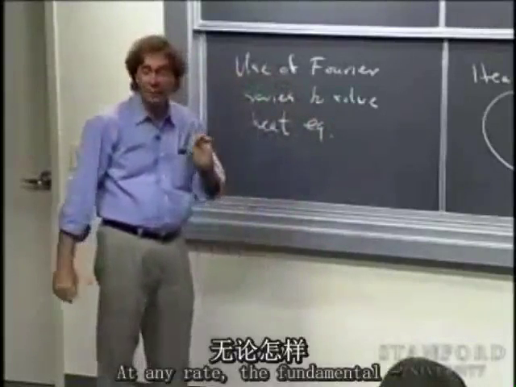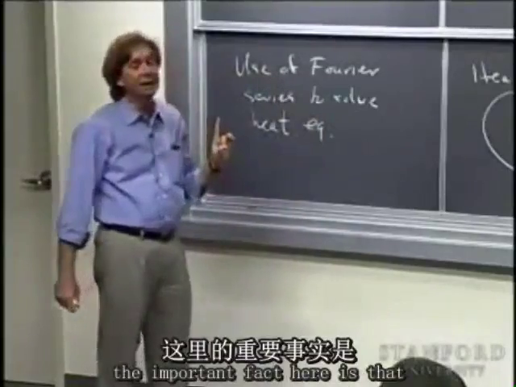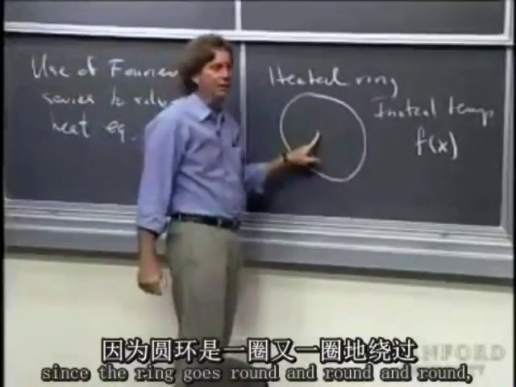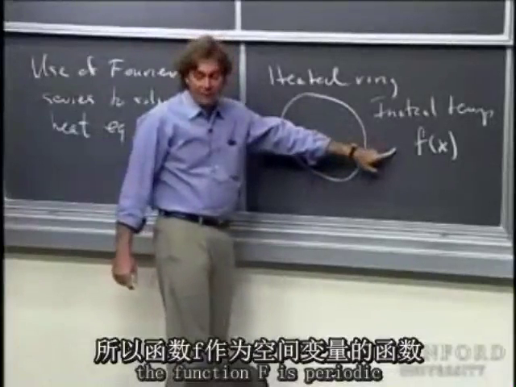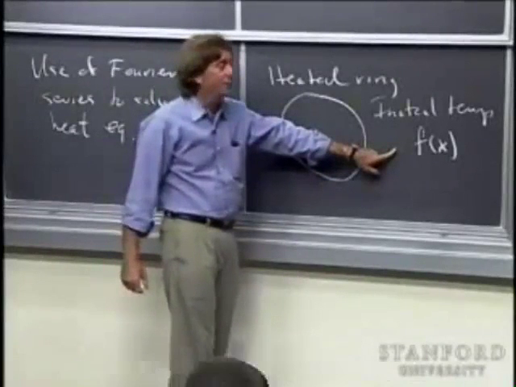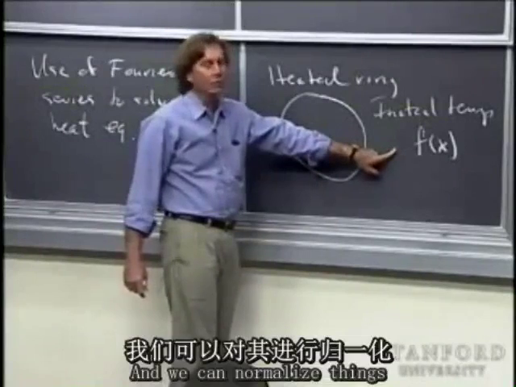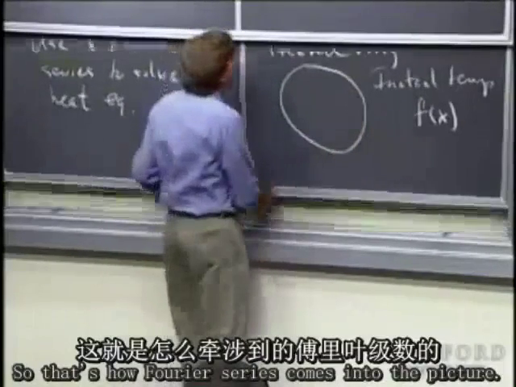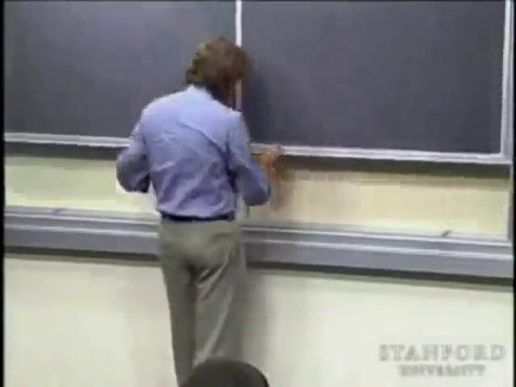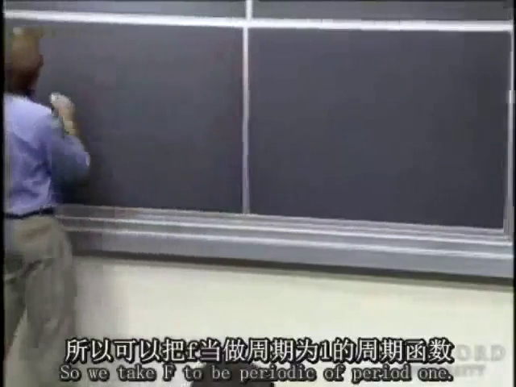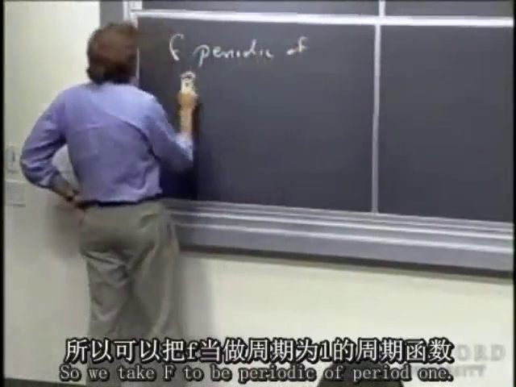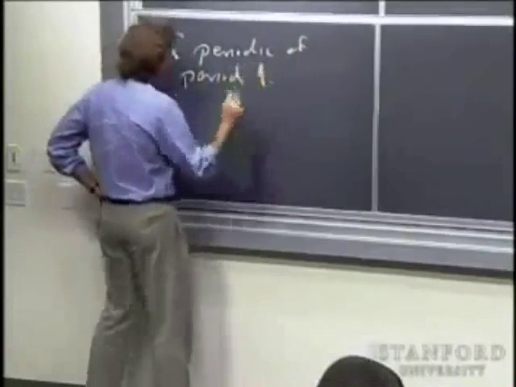At any rate, the important fact here is that since there is periodicity in space, since the ring goes round and round and round, the function f is periodic as a function of the spatial variable, the position on the ring. And we can normalize things to assume the period is 1. All right? So that's how Fourier series comes into the picture. So we take f to be periodic of period 1.